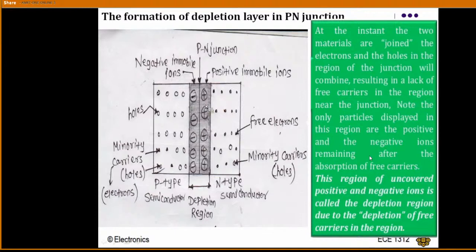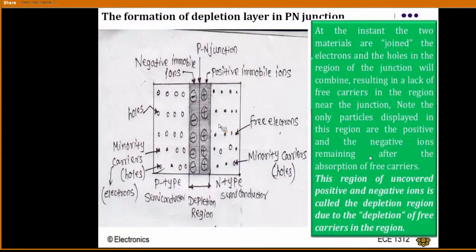What are the minority charge carriers here, sir? Electrons on this side I am calling minority charge carriers. When an electron comes to this side, it becomes a majority charge carrier. Due to the movement of all these minority carriers, the current constituted is called your drift current.